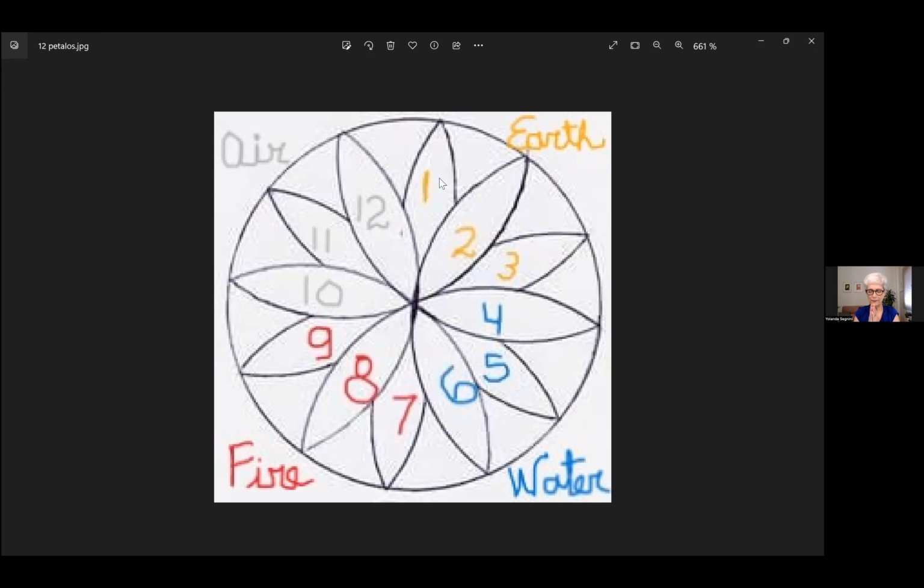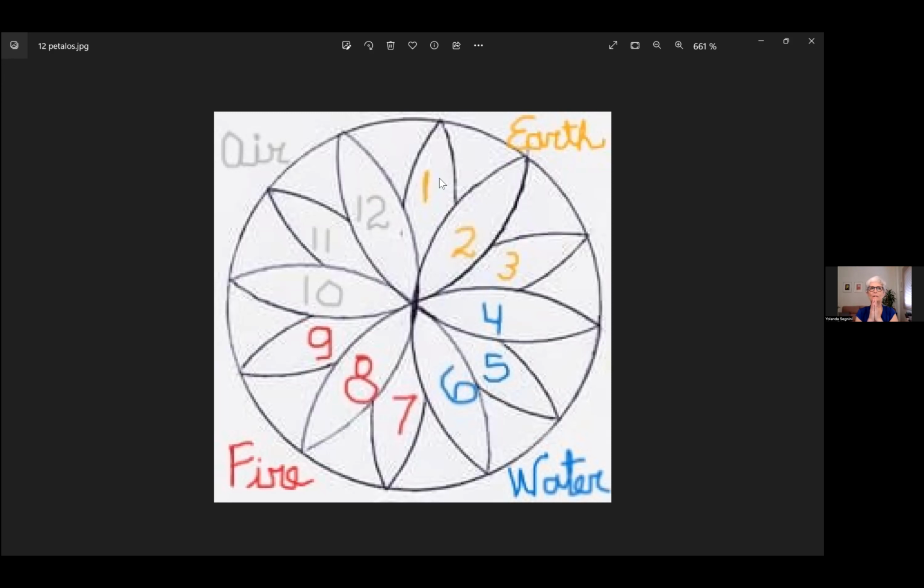So this way, we have linked, interconnected the 12 portals of the soul with the 12 petals of the heart with a higher sensation.